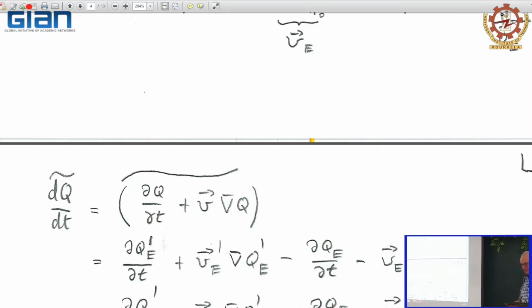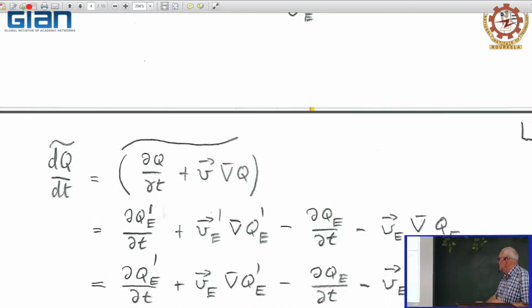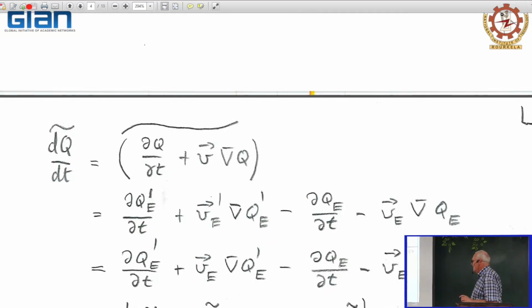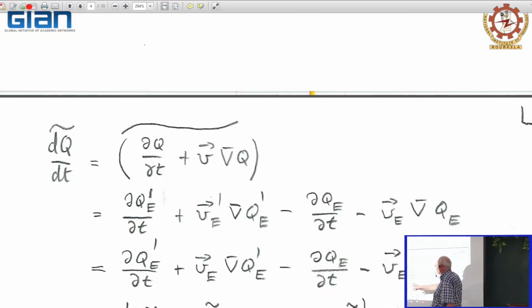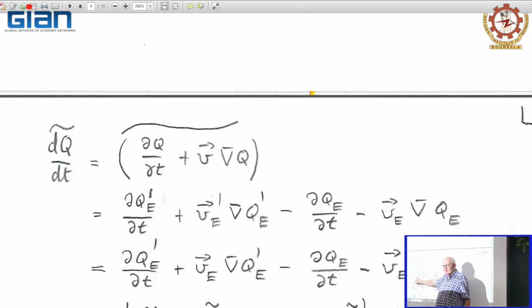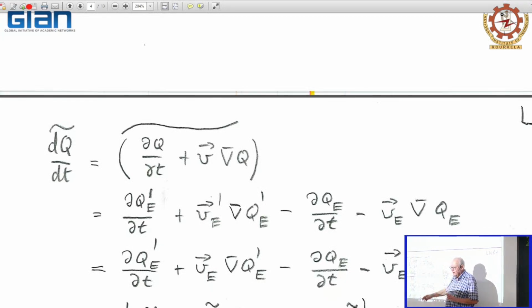So now we replace the VE dash. It is the velocity in the framework of the Eulerian prescription in the perturbed system.